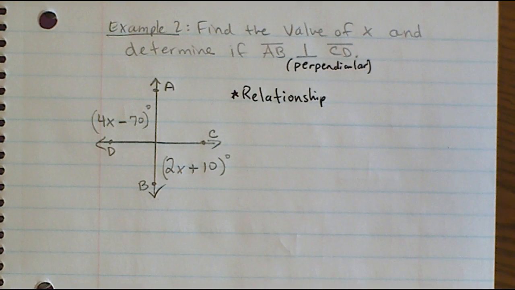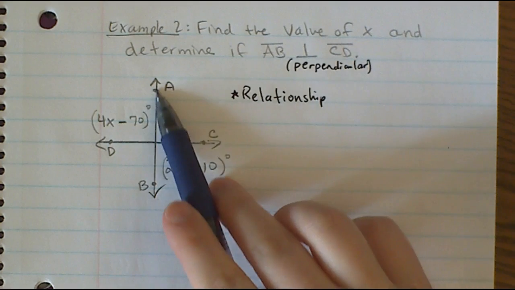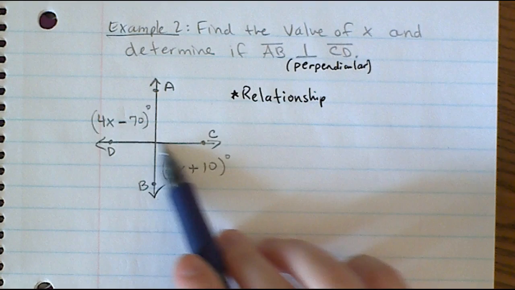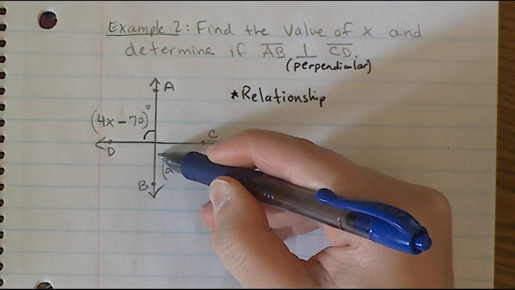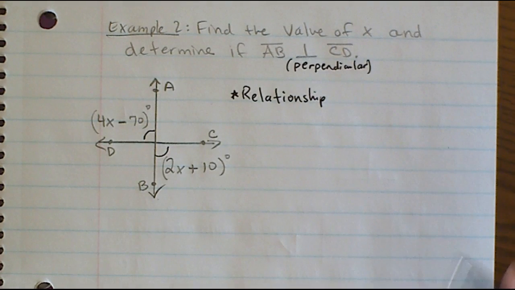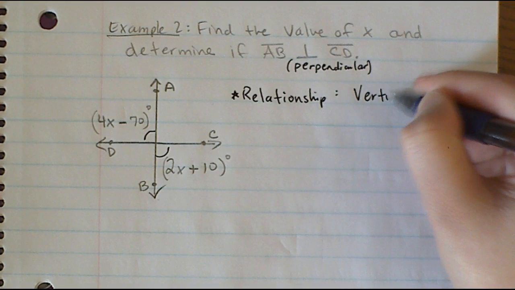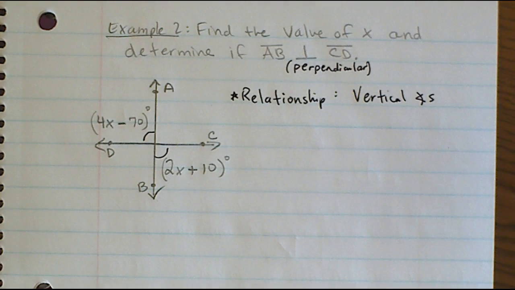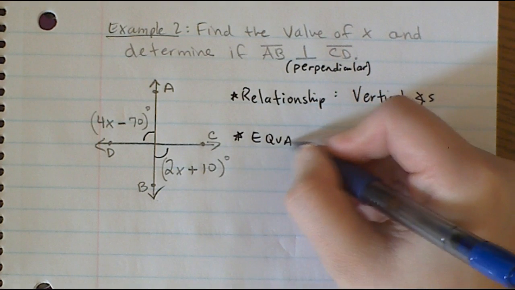So right now I'm noticing that these two angles are across from one another. Their sides are forming opposite rays or straight lines, if you want to think of it that way, which means that these angles must be vertical angles. So start thinking about what do we know about vertical angles, and then you want to set up an equation.